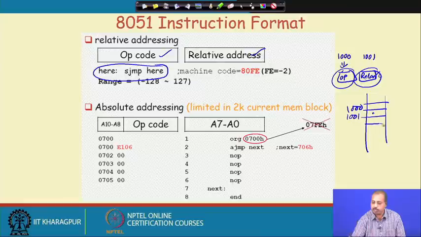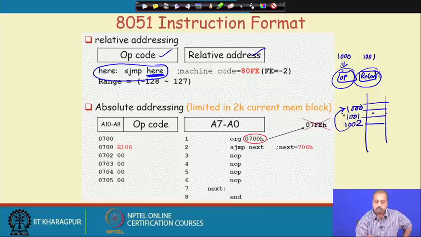Now, after this instruction has been fetched by the processor, the PC value becomes 1002. From there we want to go back to the SJMP, which is at 1000. So from 1002 we want to go back to 1000, which means going back by 2 locations. So this relative address becomes -2.